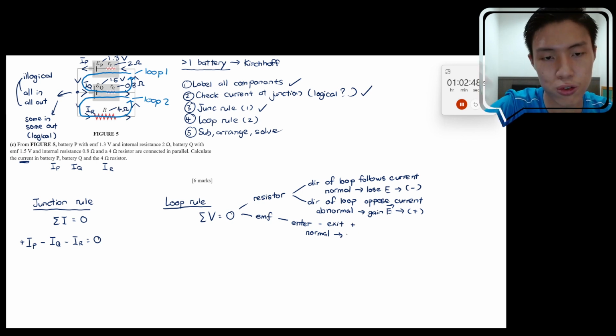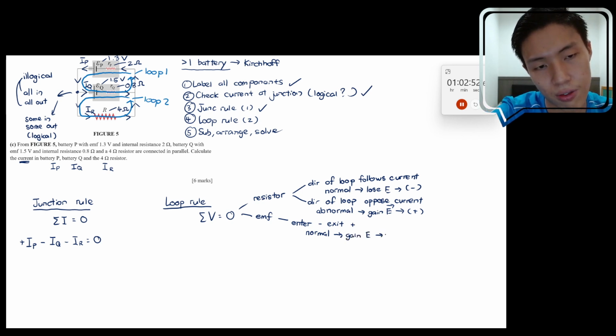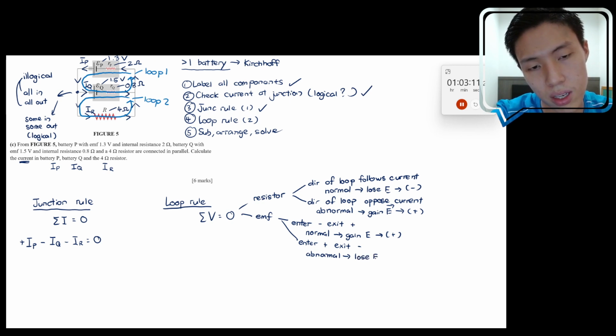If your current flows through battery, the current will gain energy. So this is positive. On the other hand, if you enter through the positive terminal and exit through the negative terminal, that's abnormal. So abnormal means you will lose energy. Lose energy means negative.